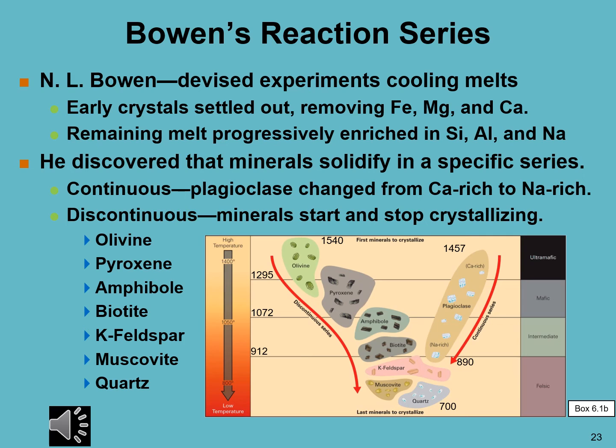The other series is discontinuous. Minerals start and stop crystallizing, beginning with olivine around 1,540 degrees centigrade, then pyroxene, amphibole, biotite mica, potassium feldspar, muscovite mica, and finally quartz at around 700 degrees centigrade.